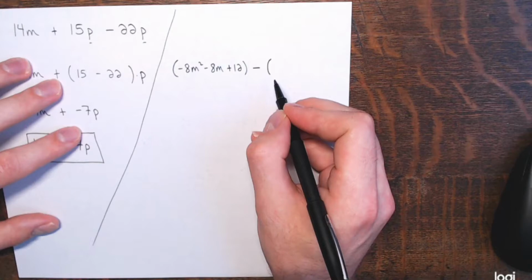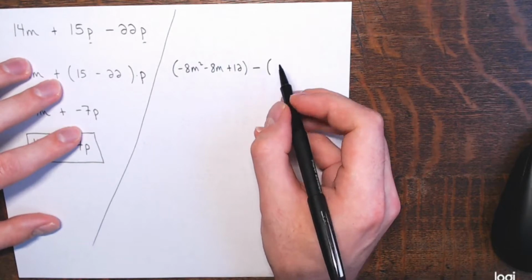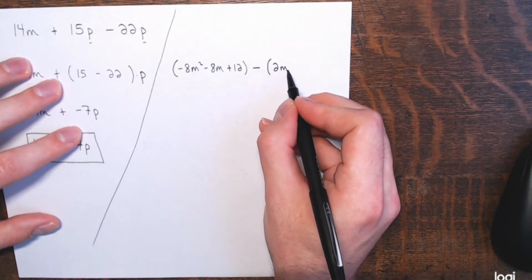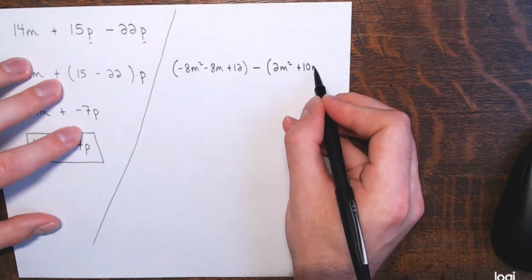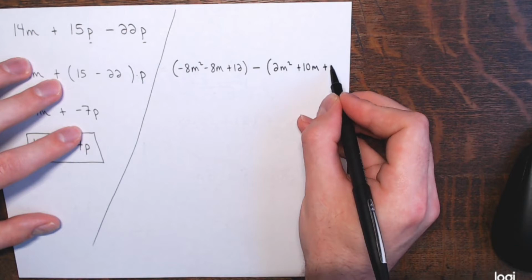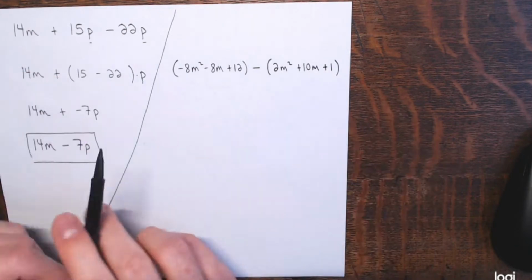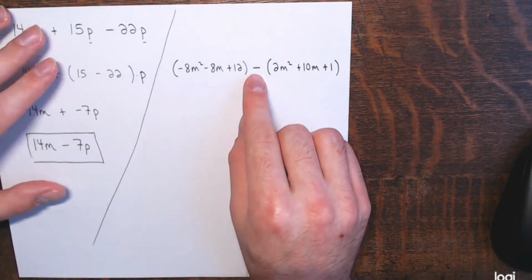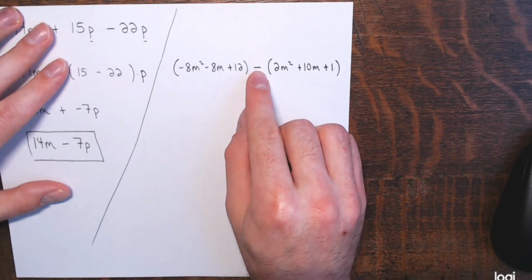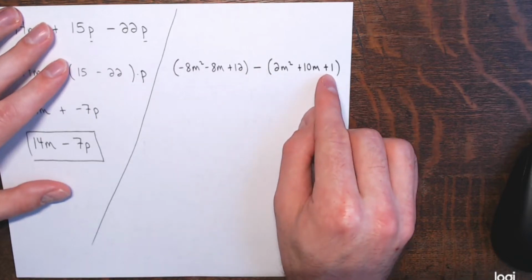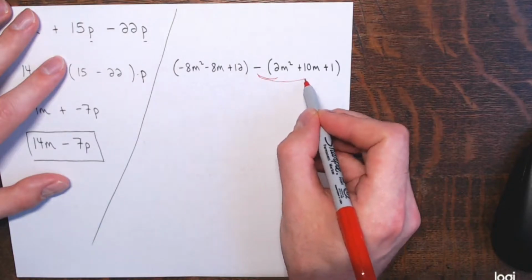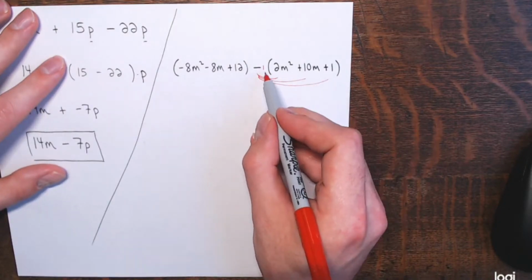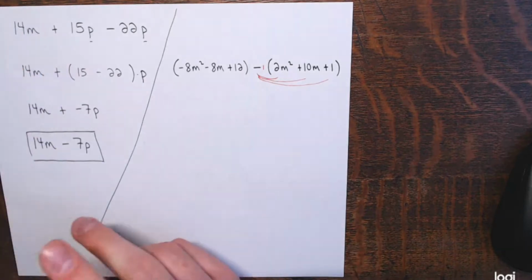You're subtracting this entire polynomial, the quantity 2m squared plus 10m, and then plus 1. Now, you may have seen this before with subtraction. Whenever you subtract an expression that has multiple terms like this, you're not just subtracting the first term, you're subtracting all those terms. So it's like distributing a -1 to all three of those terms.